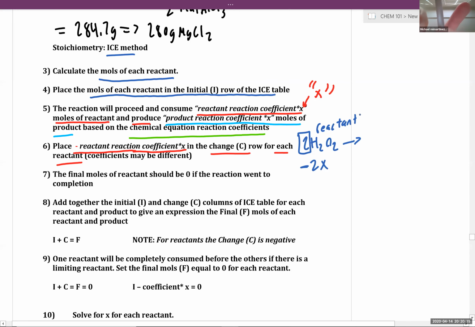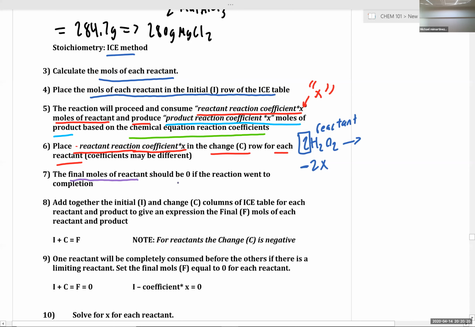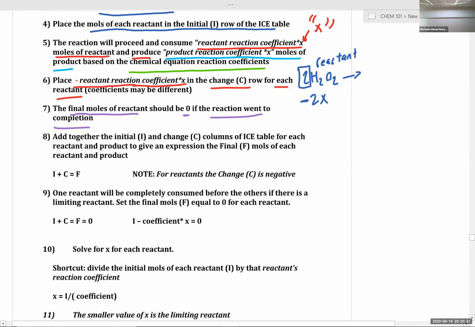Okay? Now, a really important idea, the final moles of reactant should be 0 if the reaction went to completion. If we used up all of our reactant, if the reactant is limiting, we should have none of our reactant remaining at the end of this reaction. Okay. So what you're going to do is add together the initial and change columns of the ICE table for each reactant and product to give an expression for the final moles of each reactant and product.